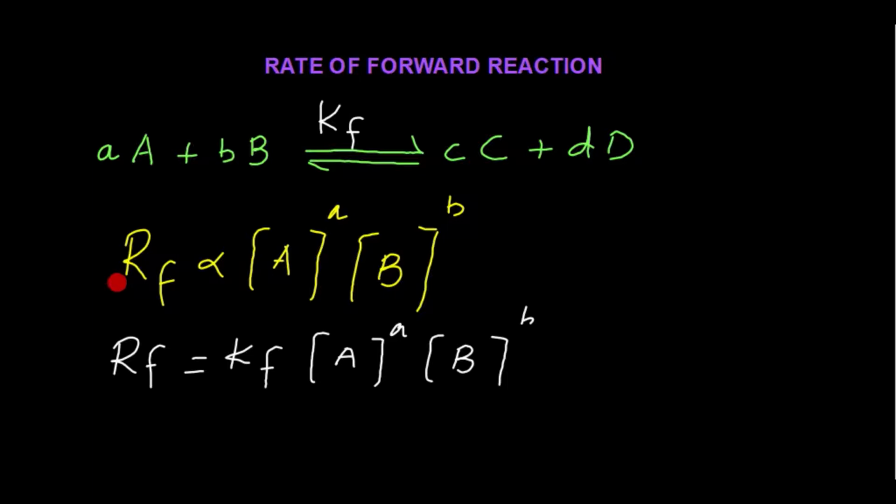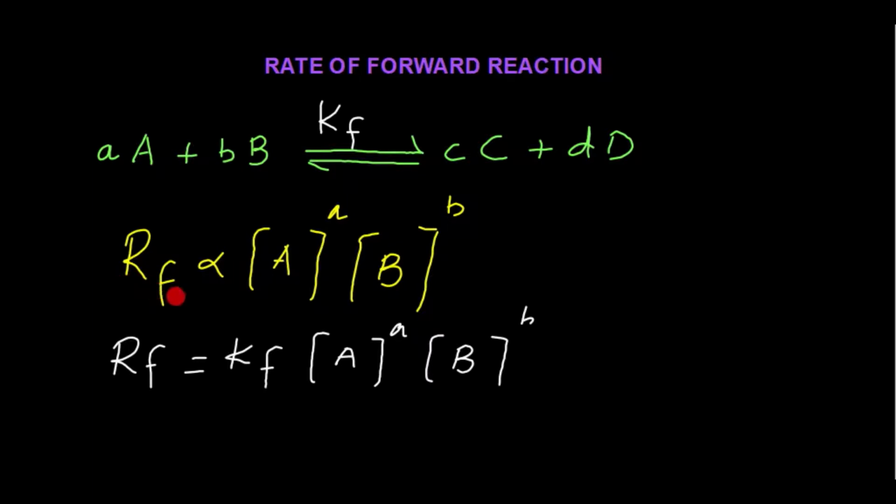The square brackets mean the molar concentration of A as well as the molar concentration of B, where Rf is the rate of the forward reaction.